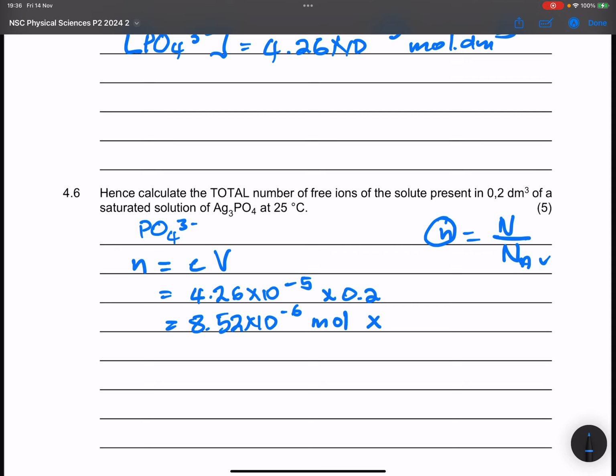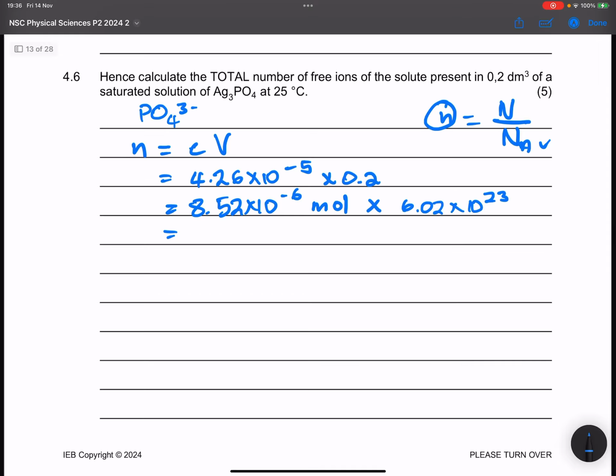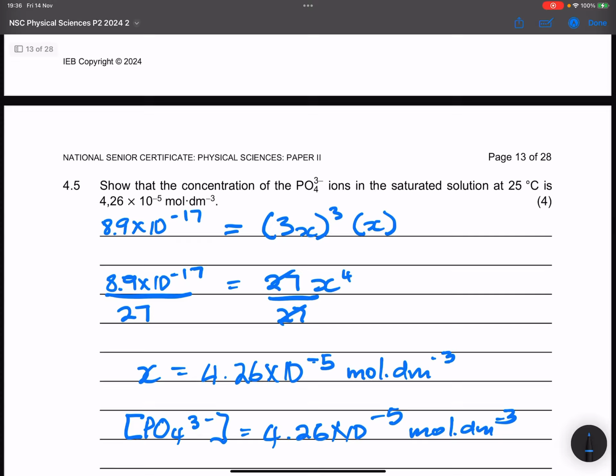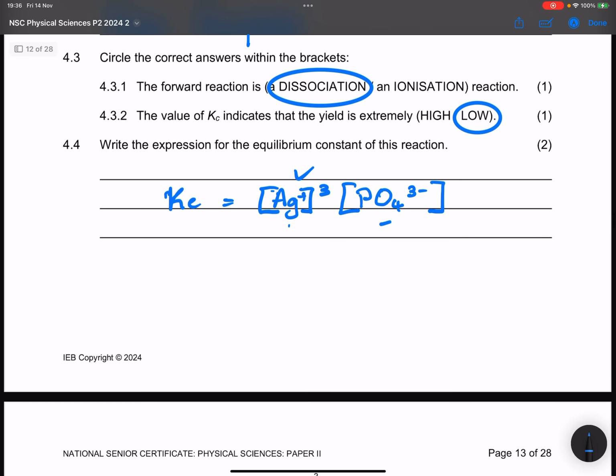We know Avogadro's constant, right? That's 6.02. Okay, so if we want the number of particles, that would be 6.02 times 10 to the power of 23, and that will give us the number of particles. But remember, that's for phosphate ions only. We still need to find out the number of particles for silver ions.